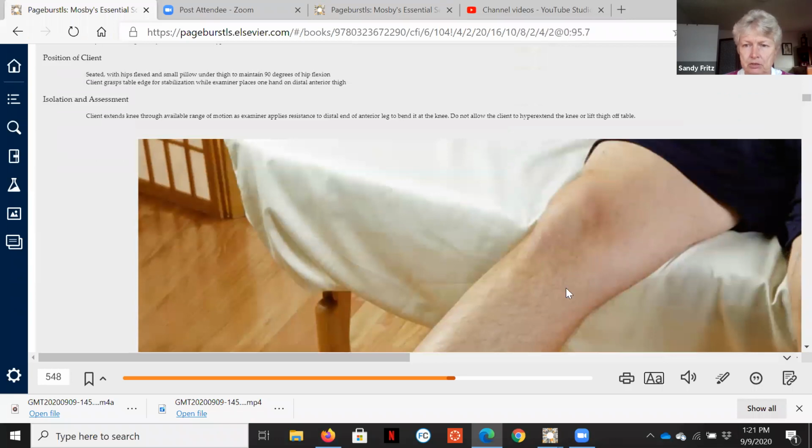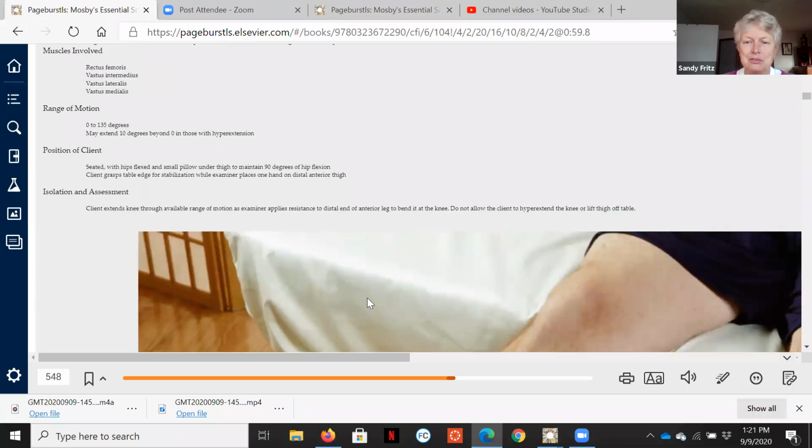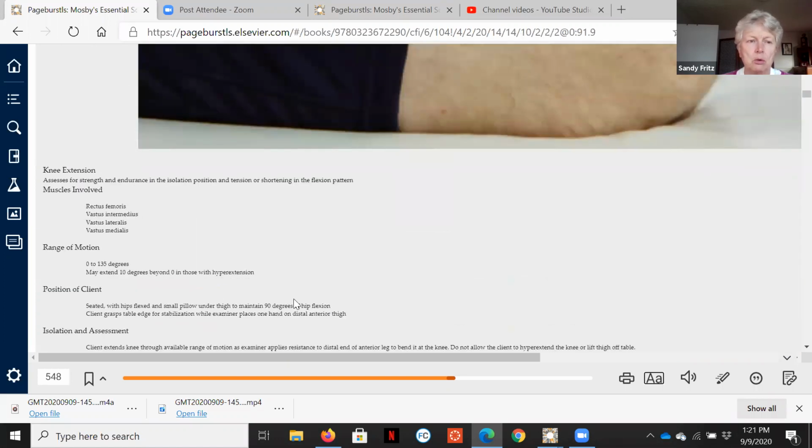Now, this picture happens to be with somebody seated. That doesn't mean you can't still do it on the table. The positions we chose were to try to give the best visual on this. So you study these in functional units. The same thing would be for shoulder internal and external rotation, or cervical flexion and extension, or hip abduction and adduction.